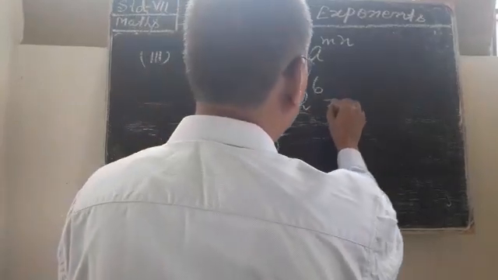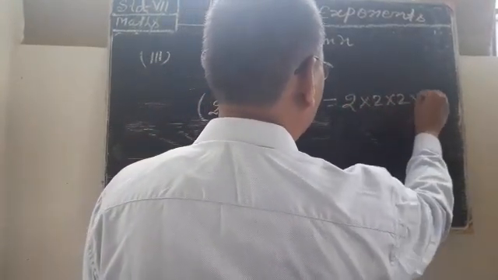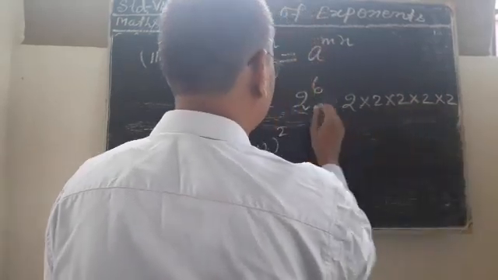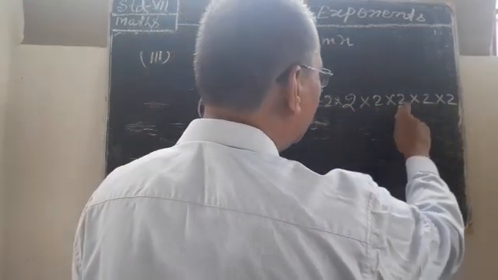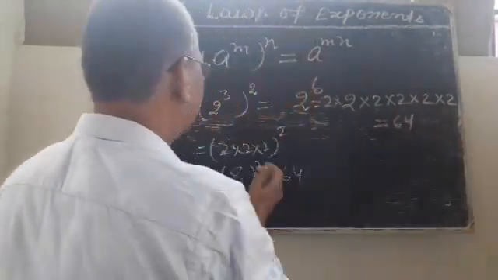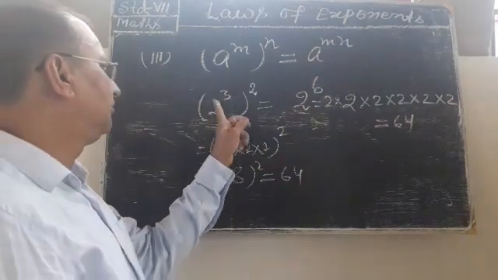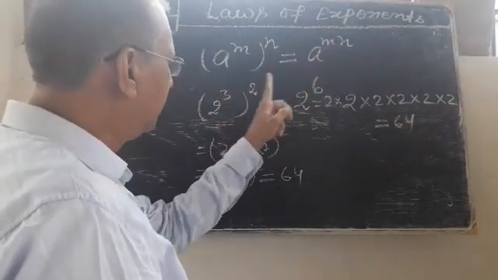Here it is given 2 power 6, which means 2 into 2 into 2 into 2 into 2 into 2: 2, 4, 8, 16, 32, 64. So you may see, power, whole power means power and power will be multiplied.